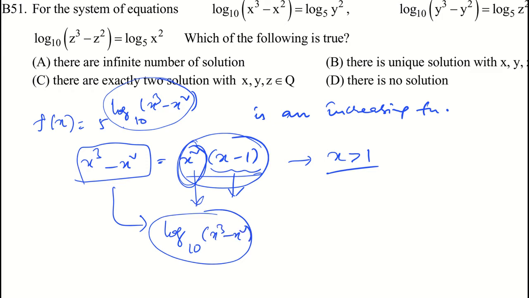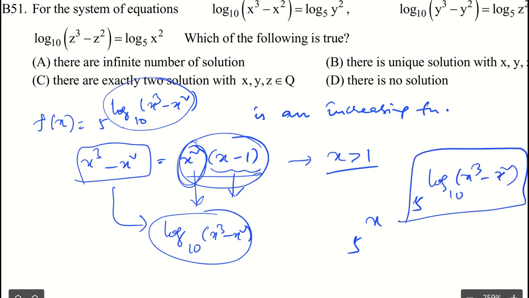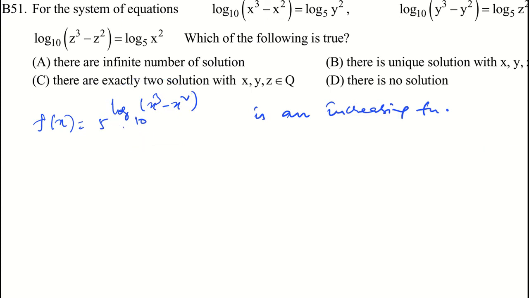So when I apply log on that, obviously that will be an increasing function, and we know that 5 power x is an increasing function. So together, if I take the composition, I'll get 5 power log of x cube minus x square to the base 10 as an increasing function.